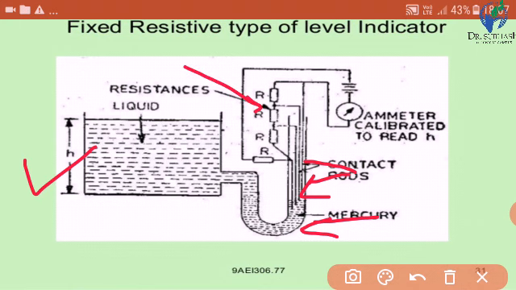So contact rods are connected with these resistances, and resistances are connected with the battery and ammeter, and ammeter will be calibrated to read height. It means we can read this height from this ammeter. So this is also indirect method of level measurement, and it is also a resistive type method.